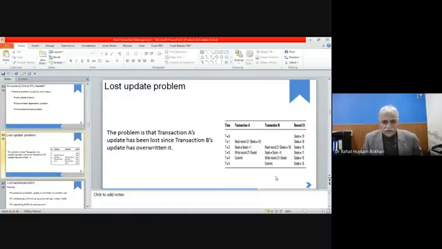The first one is the lost update problem. It means that transaction A's update has been lost since transaction B's update has overwritten it. For example, there are two transactions being carried out simultaneously. Let's suppose this is transaction A, working with record 21, where some seats are available for passengers.